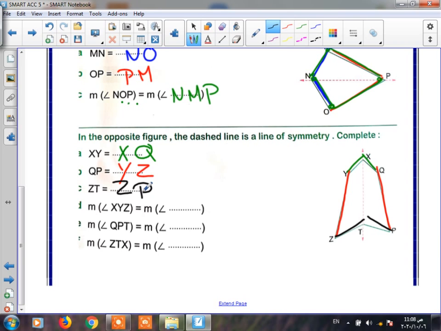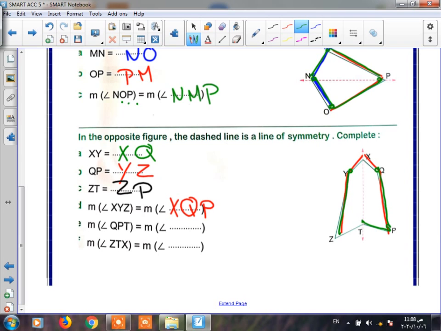Let's take the angle XYZ. Okay, let's try again. The angle XYZ, I need the same on the other side. It will be XQB, in order. Okay. QBT will be congruent to the other side like what?